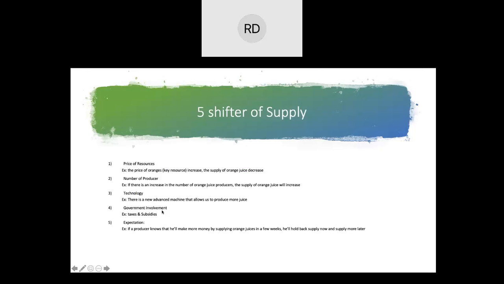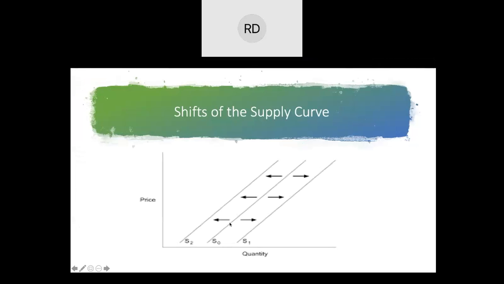Government involvement can be taxes. If the government increases the taxes, the suppliers have less money to produce, to supply, so the supply will decrease, right? So the curve will move to the left side.